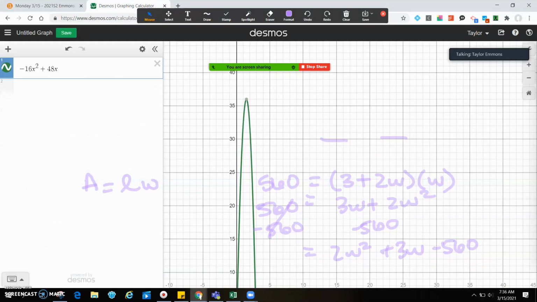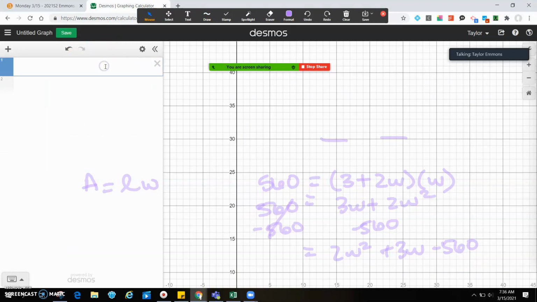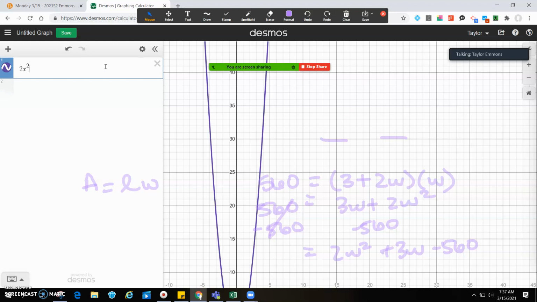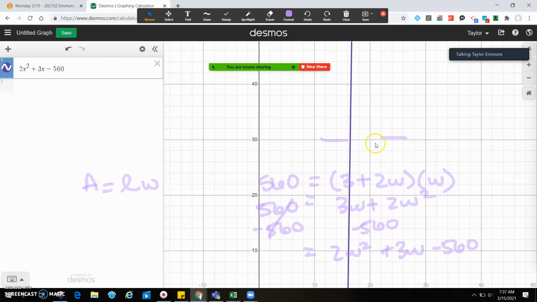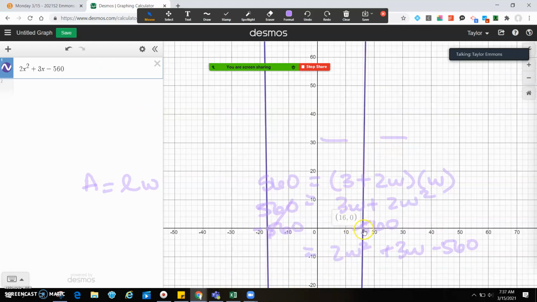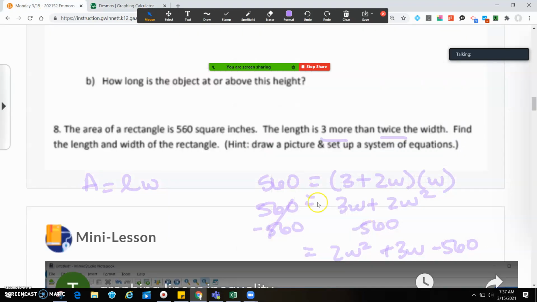I'm going to take it and plug it into my calculator. Okay. And then I'm going to look for where it crosses the x-axis. Well, it crosses at 16, and then it crosses at negative 17.5. Can we have a negative width? No. So our w is going to be 16.